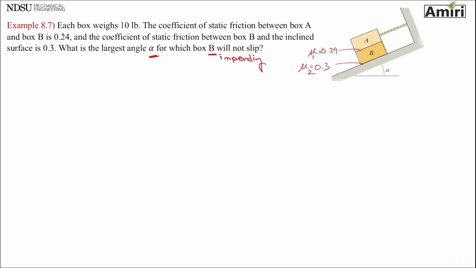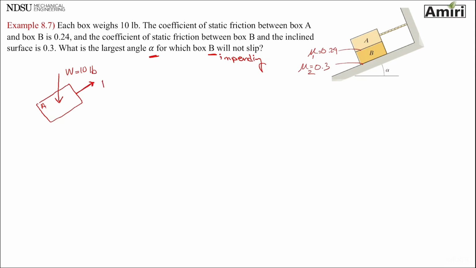The point that I want to make with this problem is to teach you a technique that sometimes you can rotate your axis and save a lot of trouble. Let's see, free body diagram. Block A. Each has 10 pounds, so it has a W of 10 pounds. W is always straight down. It is attached to a cable.